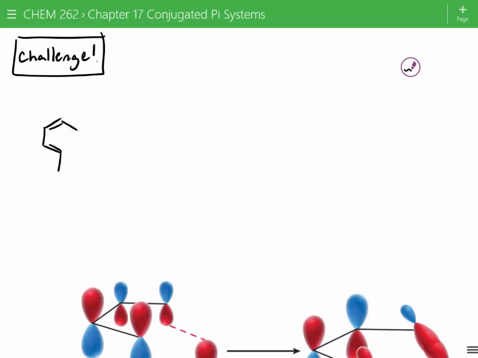Let me try to emphasize this double bond here. So this is our diene, and we're going to react this with this dienophile. And in particular, I want you guys to try to draw the transition state for this, just like we did on the problem of the day.